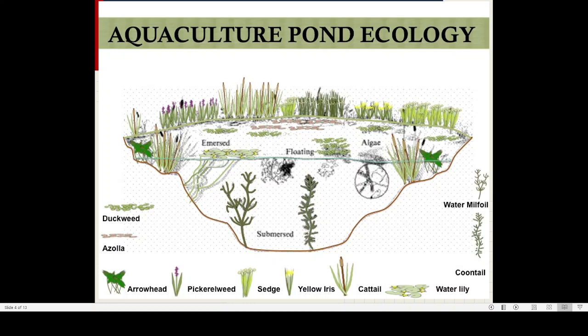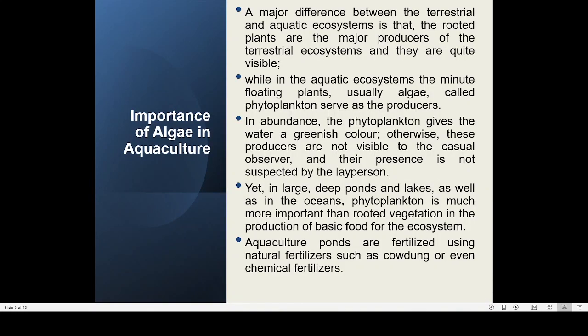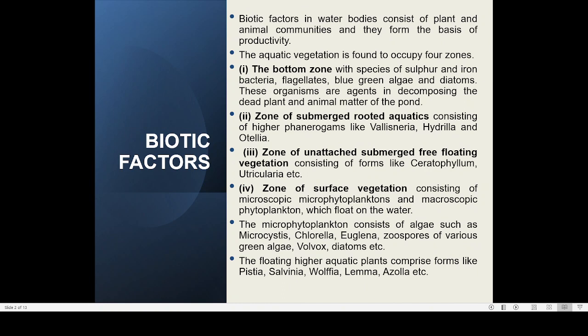There they will be undergoing decomposition or decay by the action of bacteria, and that will be finally settled down there. So that is the importance of the bottom zone. Bottom zone is mainly a zone formed of bacteria and algae, and they are helping in the decomposition or decaying of the plant and animal matter.